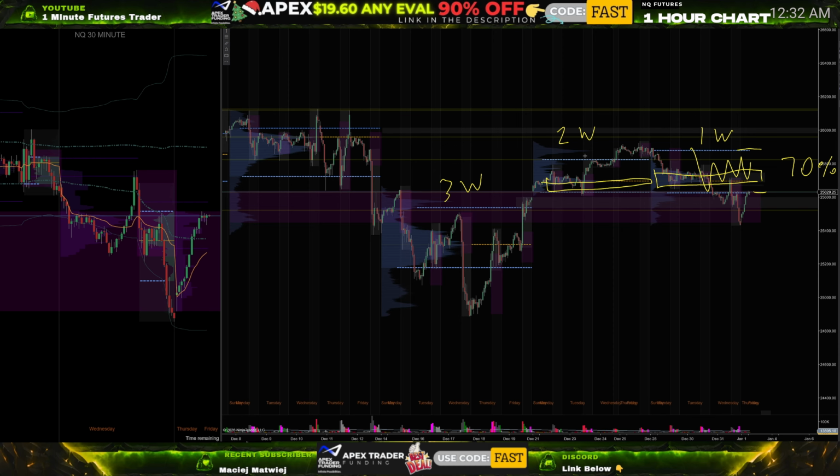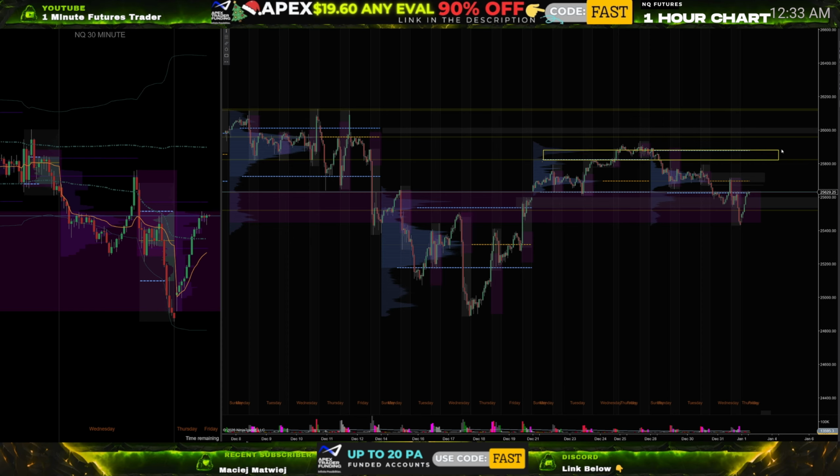So the first week and the second week, the value areas are pretty close to each other, so I'm gonna combine them together. When we look at the value area high, we can go from here to here, and this area is gonna be the value area high.